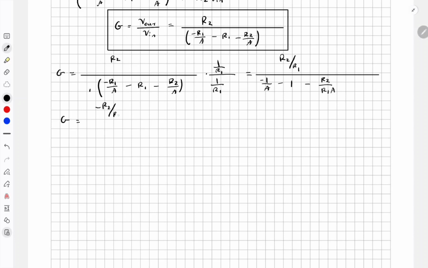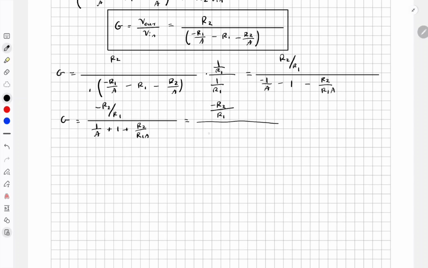So negative r2 over r1 is equal to 1 over a plus 1 plus r2 over r1a. Now let's do a little bit of rearranging the denominator.